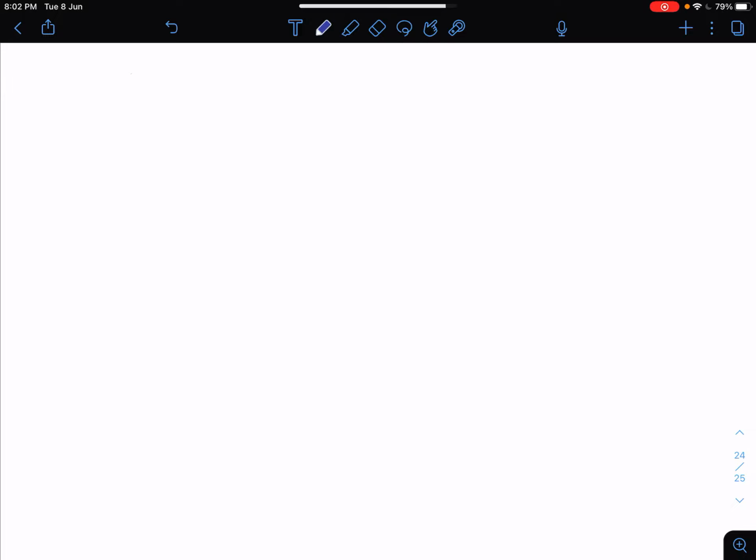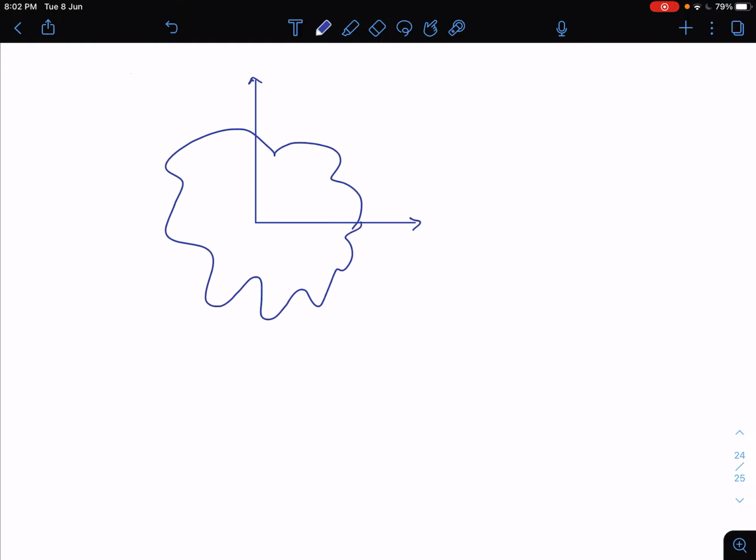So any object that is rotating in a circular or uniform circular motion or non-uniform circular motion, in whatever motion, let's say the body is rotating in a kind of zigzag motion.